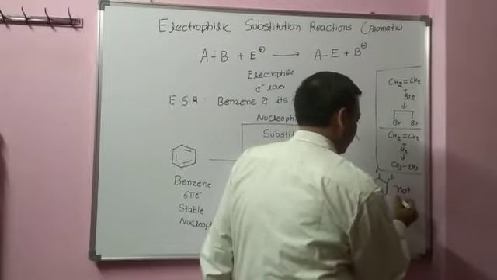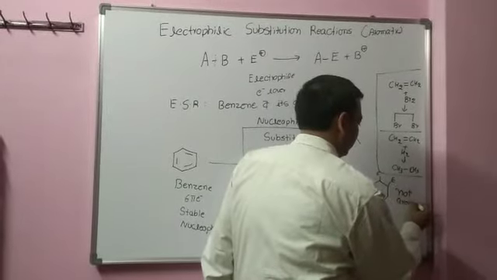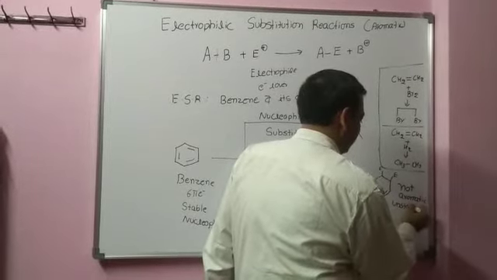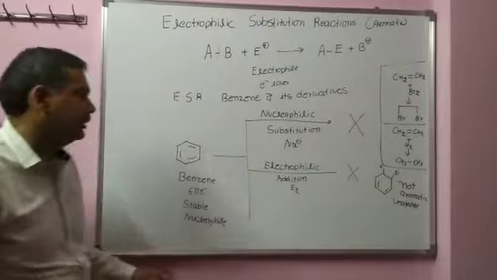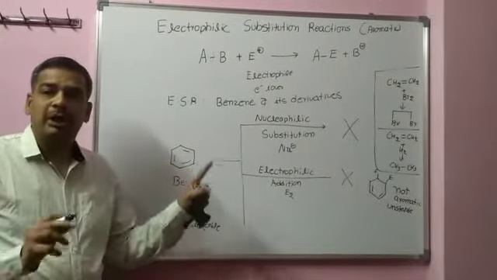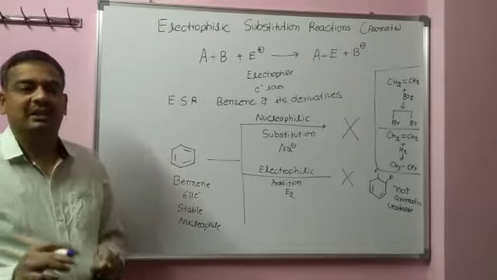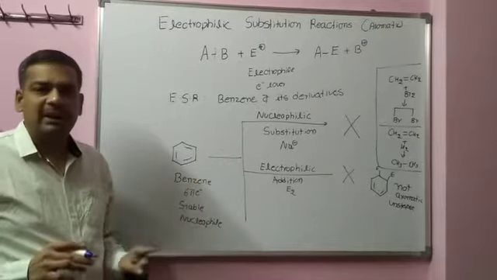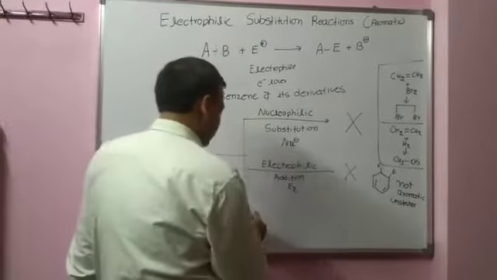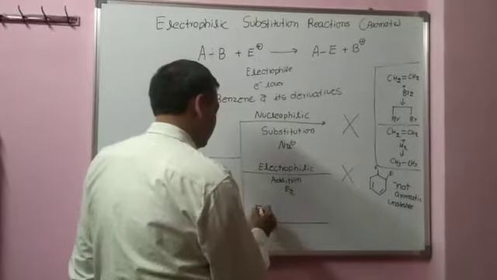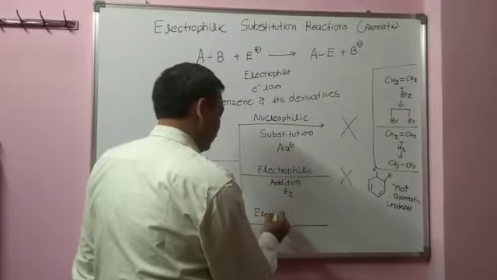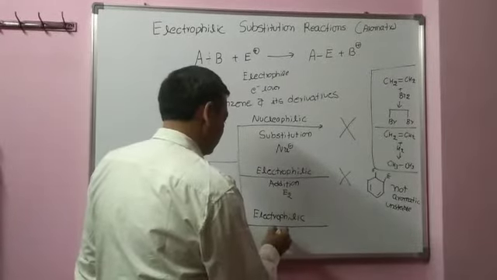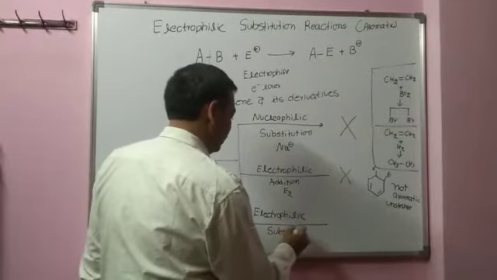Since we are getting an unstable compound, benzene will not prefer to undergo electrophilic addition reaction. Now two are ruled out. Nucleophilic substitution is not possible, and electrophilic addition is also not possible. The only possibility on benzene is electrophilic substitution.